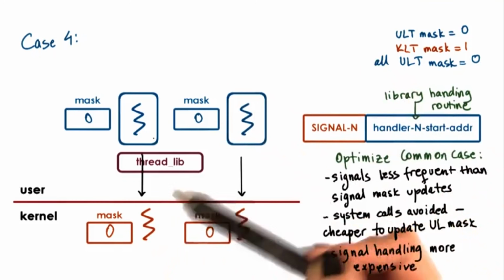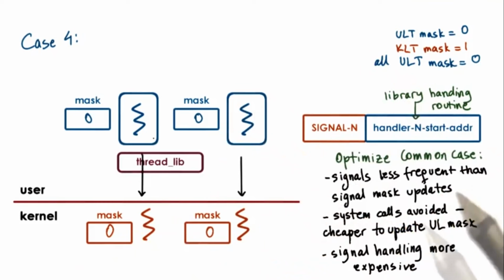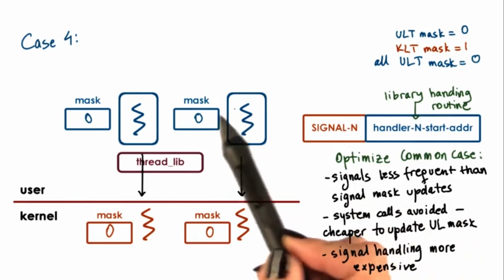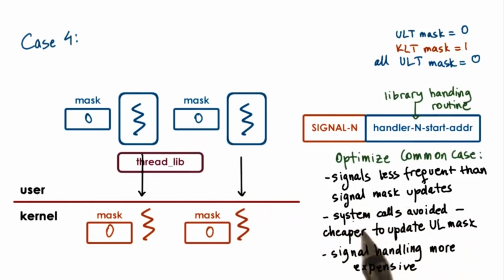And in most of those cases, a signal doesn't really occur. So then we try to make the common case cheap. So the updates of the signal mask, we just apply them to the user level signal mask, and the actual system call that's necessary to reflect that change in the kernel is avoided. As a result of that, we have to make the actual signal handling a little bit more complex, but hey, that's the less frequent of the two, and we want to optimize the common case.